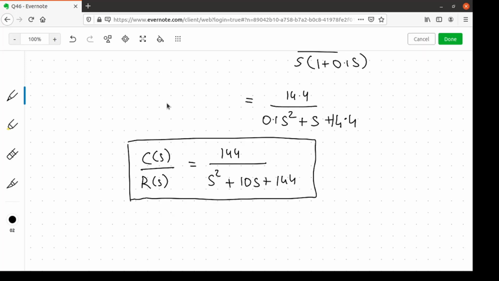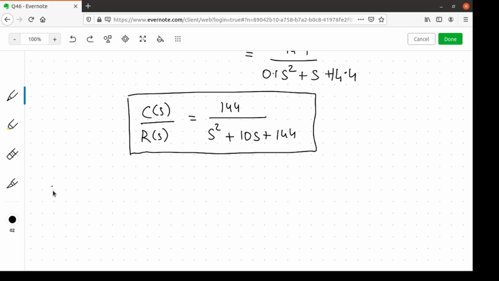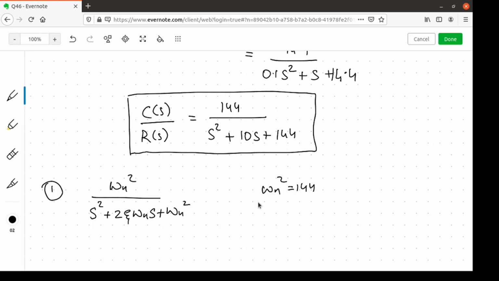So there are two ways in which you can solve now. The first method is to compare it with the standard form of the second order system. So the standard form of a second order system is omega n square divided by s square plus 2 zeta omega n s plus omega n square. So now if you compare, you can find omega n square equals 144 and 2 zeta omega n equals 10.